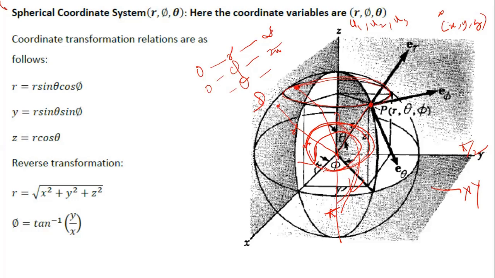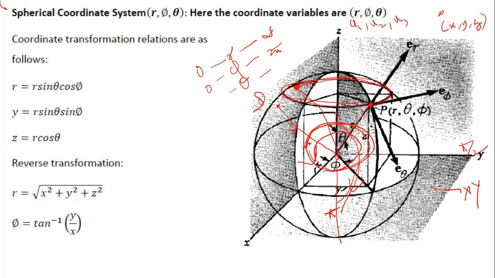What's on the back side can also be located if you vary your phi from 0 to 2 pi, because this point will move along this circle with the same value of r and the same value of theta.